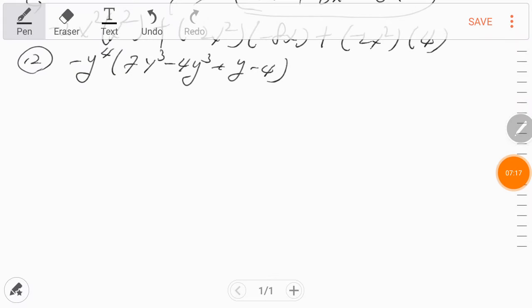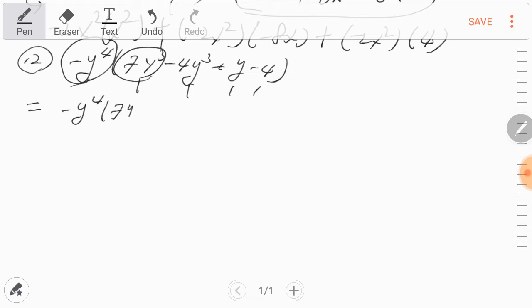Okay, let's try another example. There are four terms inside the parentheses. So multiply each term by negative y to the fourth power. So negative y to the fourth power times the whole first term, 7y cubed, plus negative y to the fourth power multiplied by the whole second term.